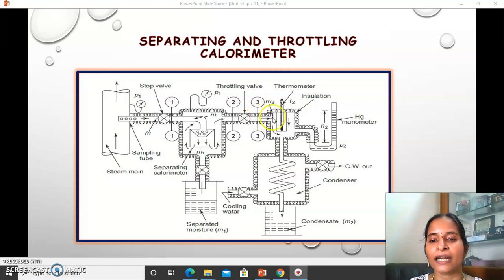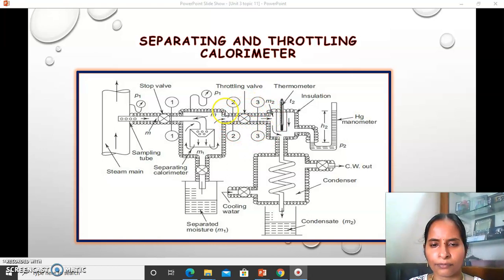It then goes on to have its pressure and temperature measured by the manometer, and further goes to the condenser.